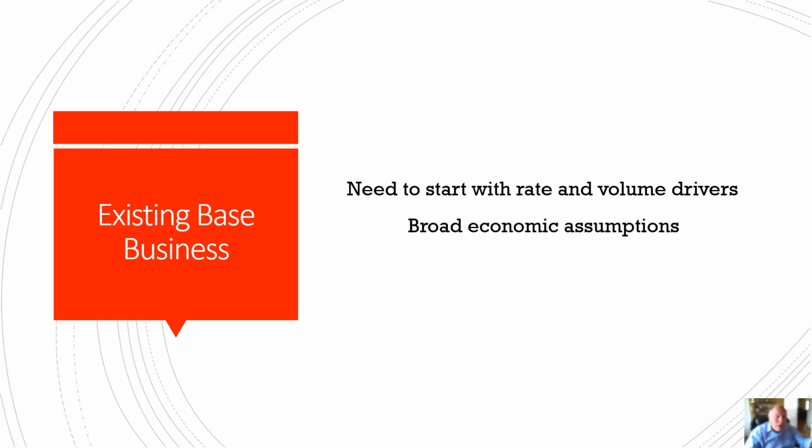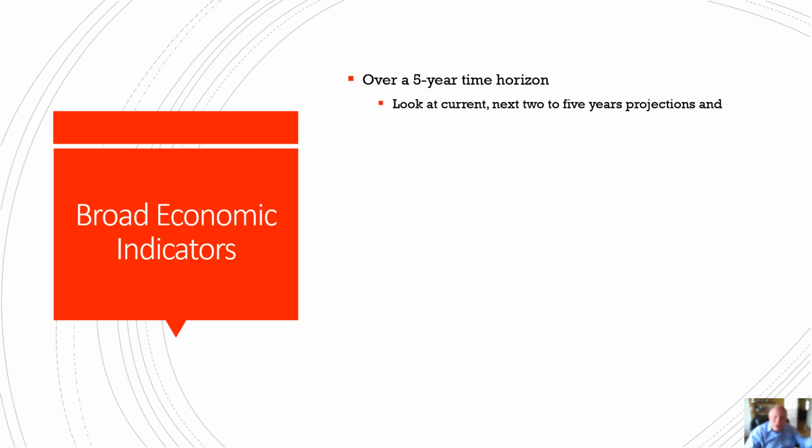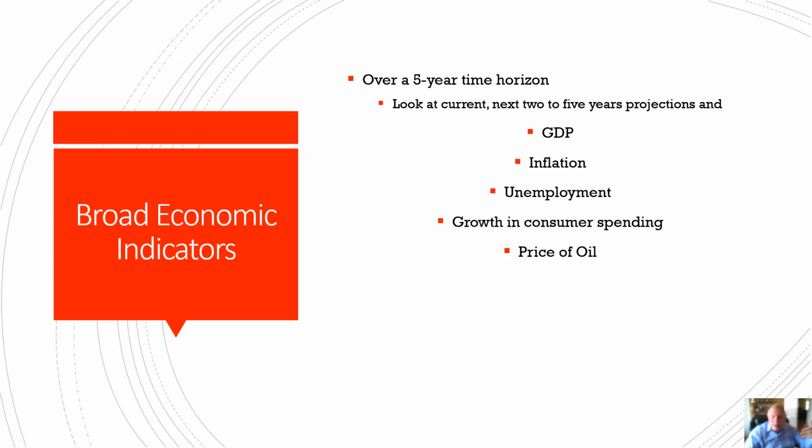Apply these broad economic assumptions that we're going to talk about and company-specific assumptions that will affect them. So when we look at the broad economic factors over a 5-year time horizon, we're going to have to look at each year simply because of COVID. We're going to look at GDP, inflation, unemployment, growth in consumer spending, price of oil.